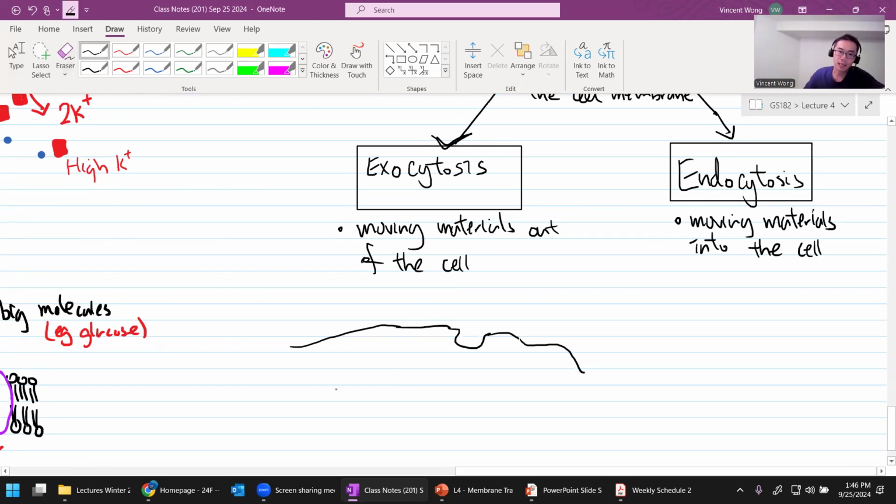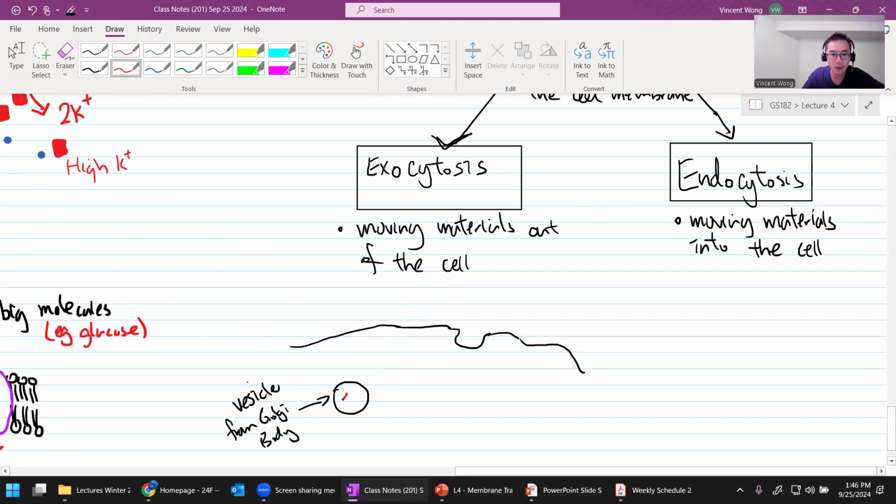All right. So an example of exocytosis is actually what we learned previously about the endomembrane system and the Golgi body and all that stuff. So let's say we have a vesicle from Golgi body.